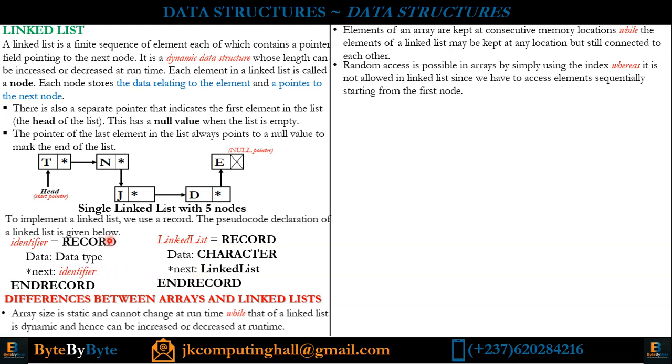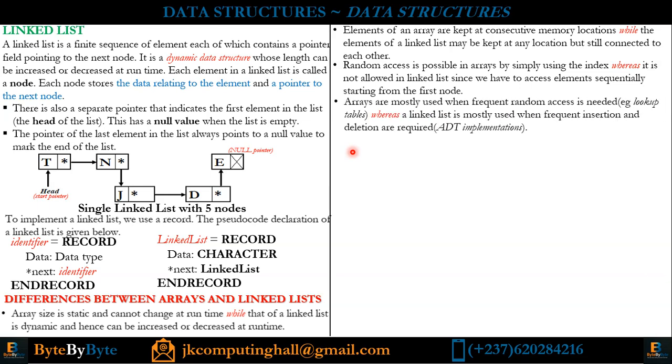What does that mean? If I want to access D, I will pass through T, through N, through J before arriving at D. If I want to access J, I need to pass through T and N. If I want to access E, I must pass through T, N, J, D before accessing E. That's another difference. Whereas in an array, I simply use the index.